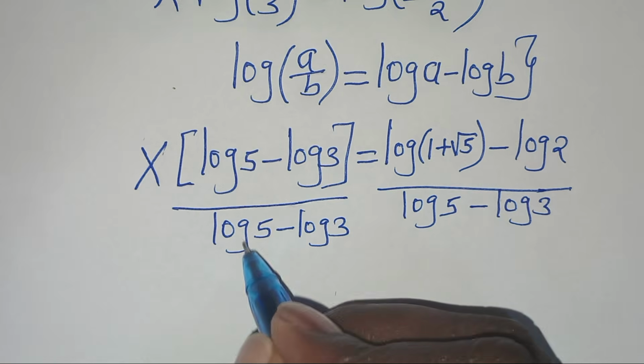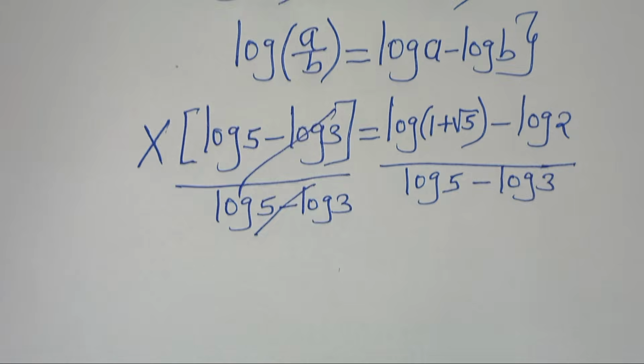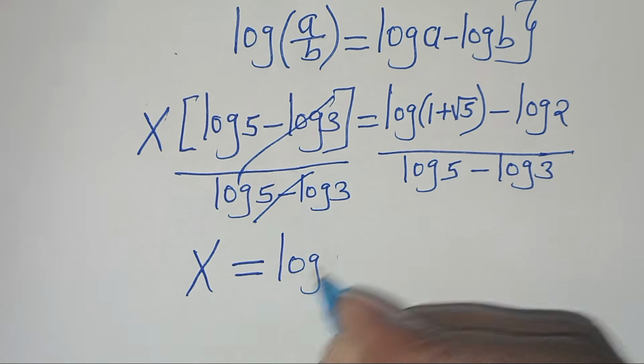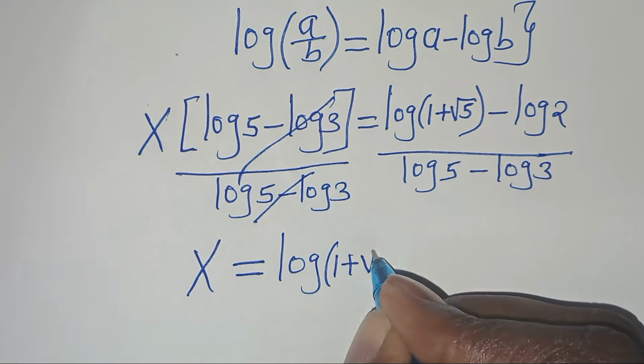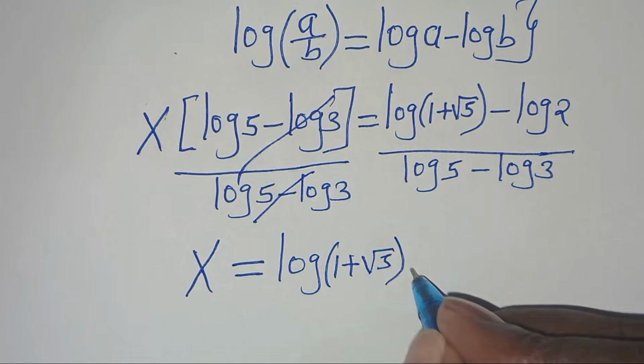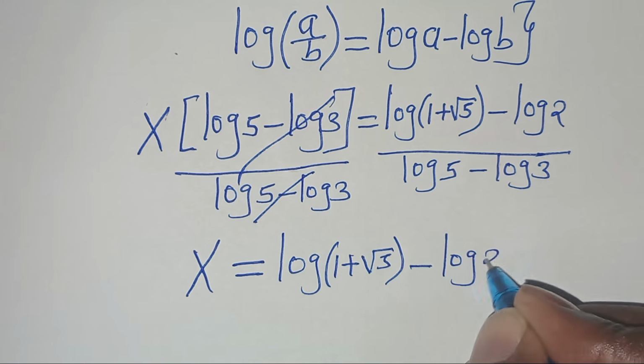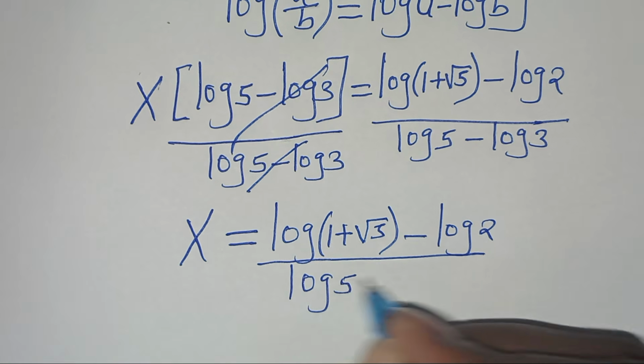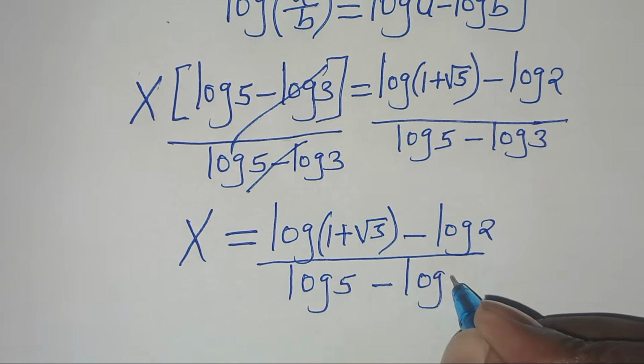So let's simplify, so that we have x equal to (log (1 + √5) − log 2) divided by (log 5 − log 3).